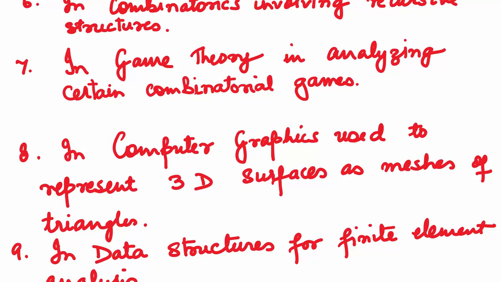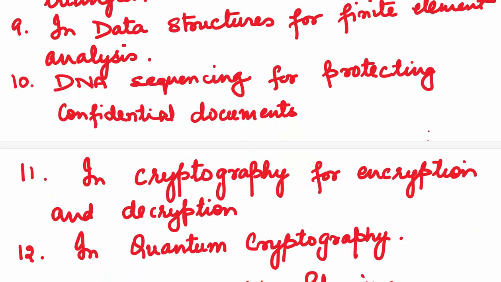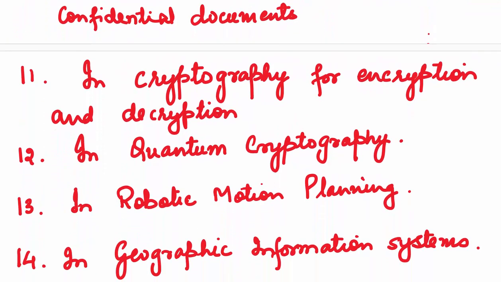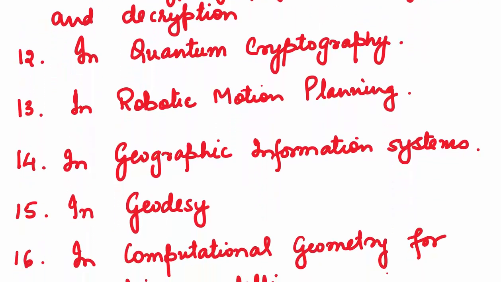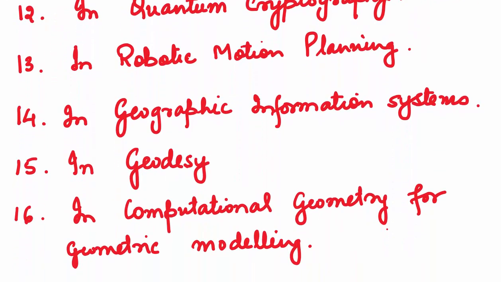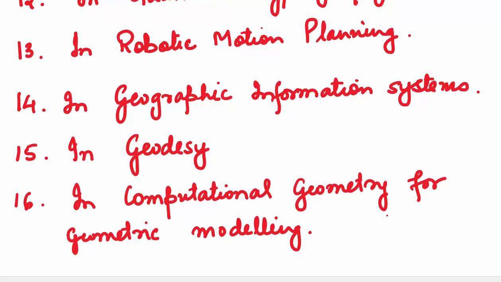representing 3D surfaces as meshes of triangles, in data structures for finite element analysis, in DNA sequencing for protecting confidential documents, in cryptography for encryption and decryption. They're also being used in quantum cryptography these days, in robotic motion planning, in geographic information systems, in geodesy, in computational geometry for geometric modeling.